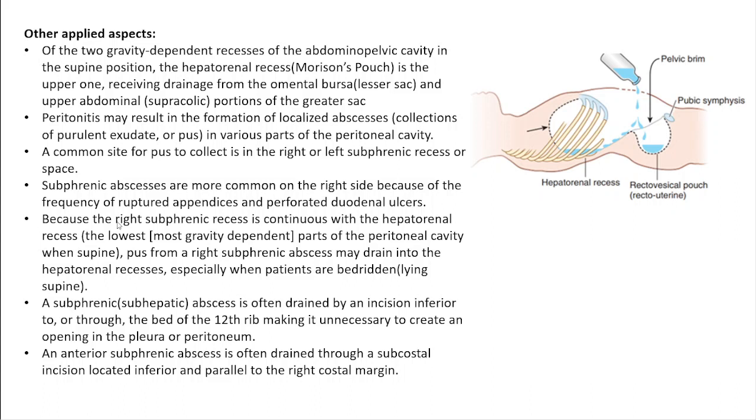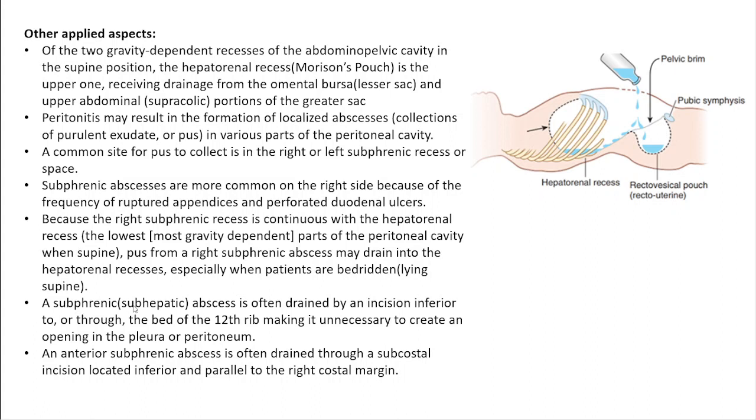Because the right subphrenic recess is continuous with the hepatorenal recess, which is the lowest part of the peritoneal cavity when supine, pus from a right subphrenic abscess may drain into the hepatorenal recess. This is referring to the right anterior subphrenic space, and it may drain into the right posterior subphrenic recess, which is actually the hepatorenal recess, especially when patients are bedridden.